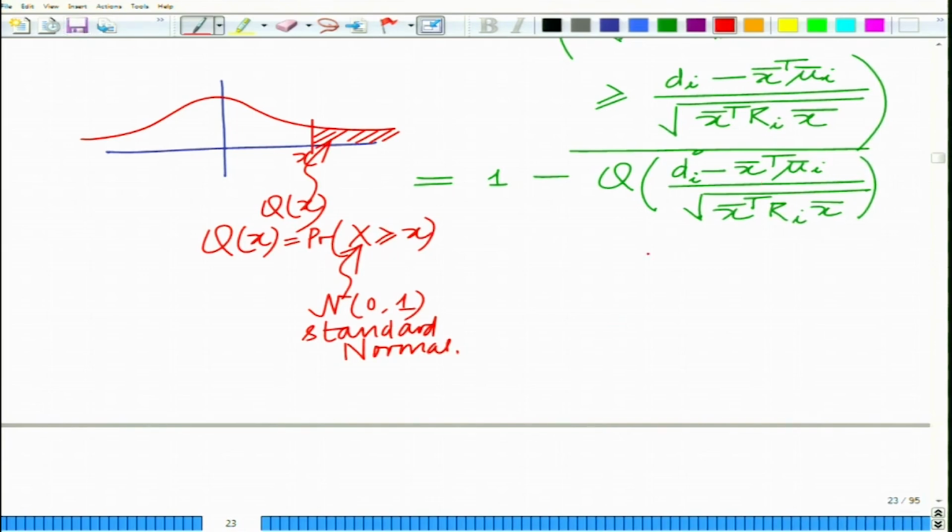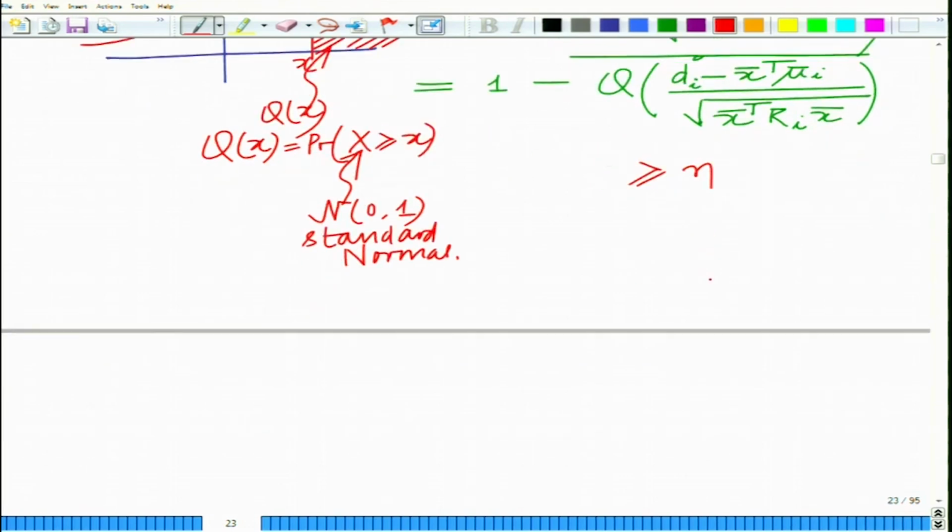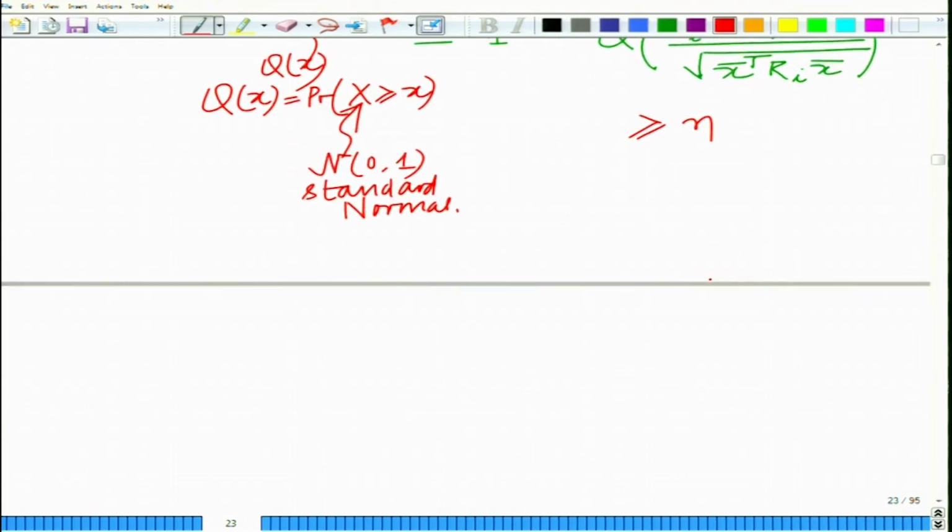We need this probability to be greater than or equal to eta. So the probability that x bar transpose C bar I is less than or equal to di being greater than or equal to eta implies that 1 minus Q of (di minus x bar transpose mu I) divided by the square root of x bar transpose Ri into x bar has to be greater than or equal to eta.